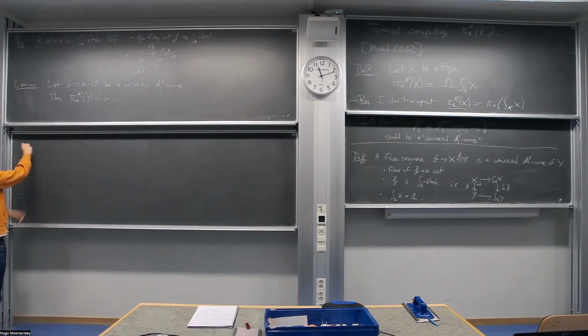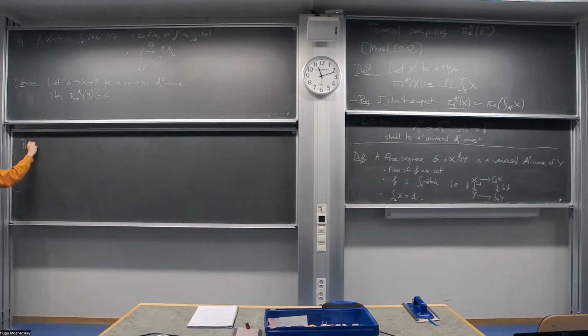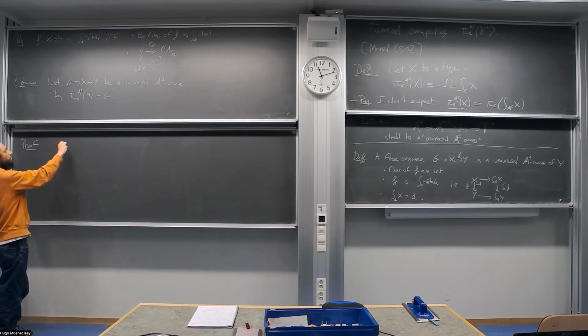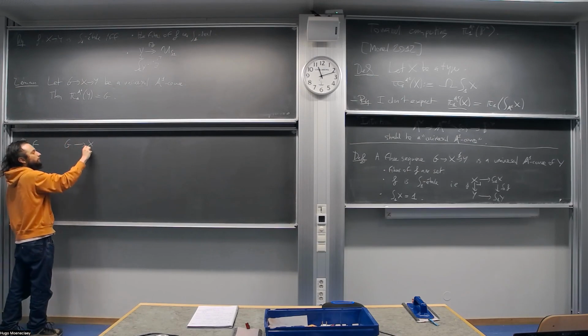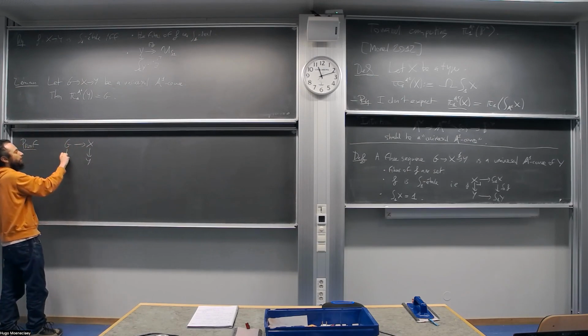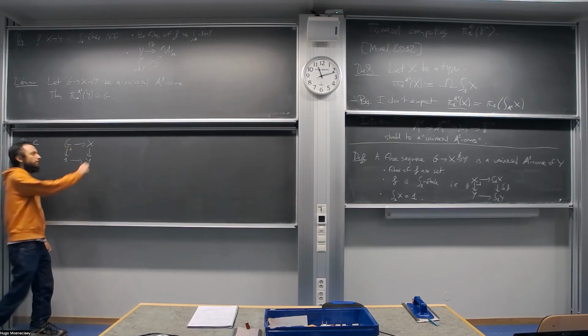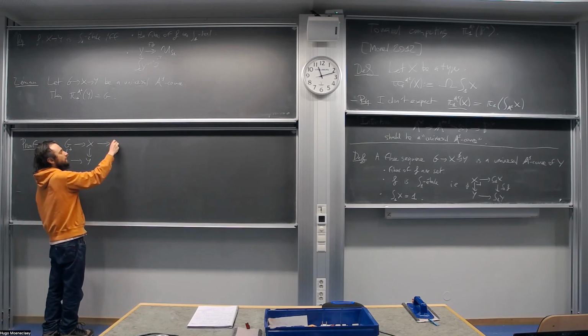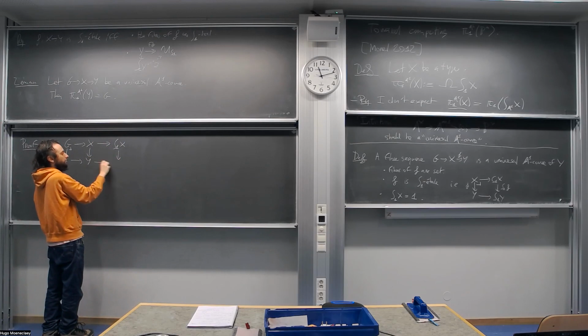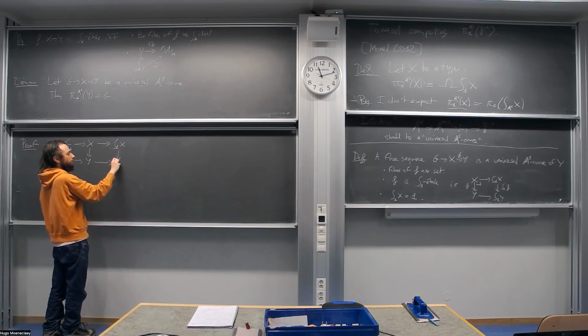Okay, so let's prove this, and the proof is very easy. So we have a fiber sequence, so we know we have a pullback like this. We know this is shape one étale, so we have a pullback like this.